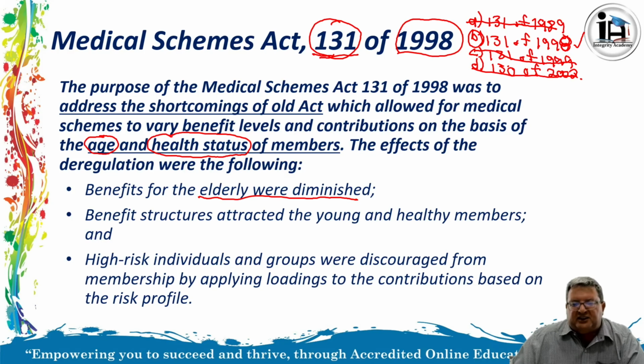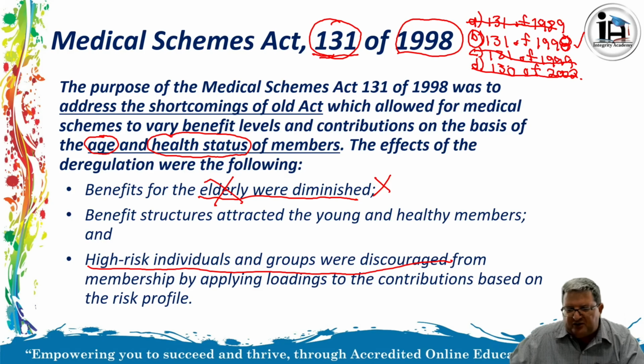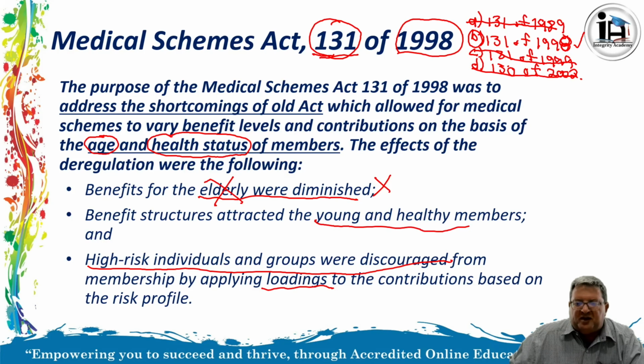So they said, we are not taking the elderly people, because the health risk is too high, and higher risk individuals and groups were discouraged. Sorry for my beautiful artwork there. By applying loadings, they will load your monthly premium so much that you decide you're not going to take medical aid. They only wanted the young and healthy members.